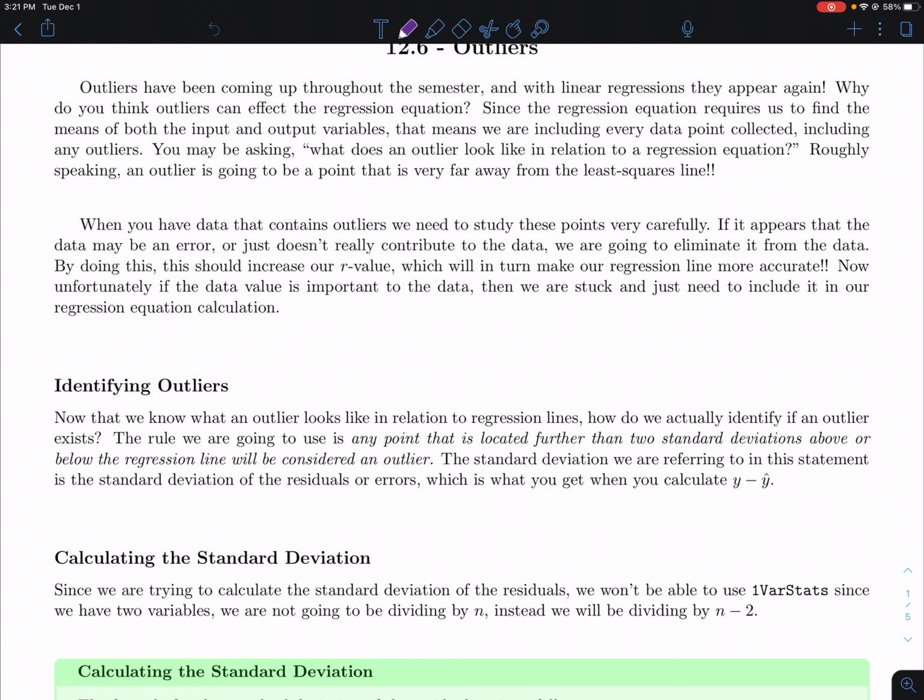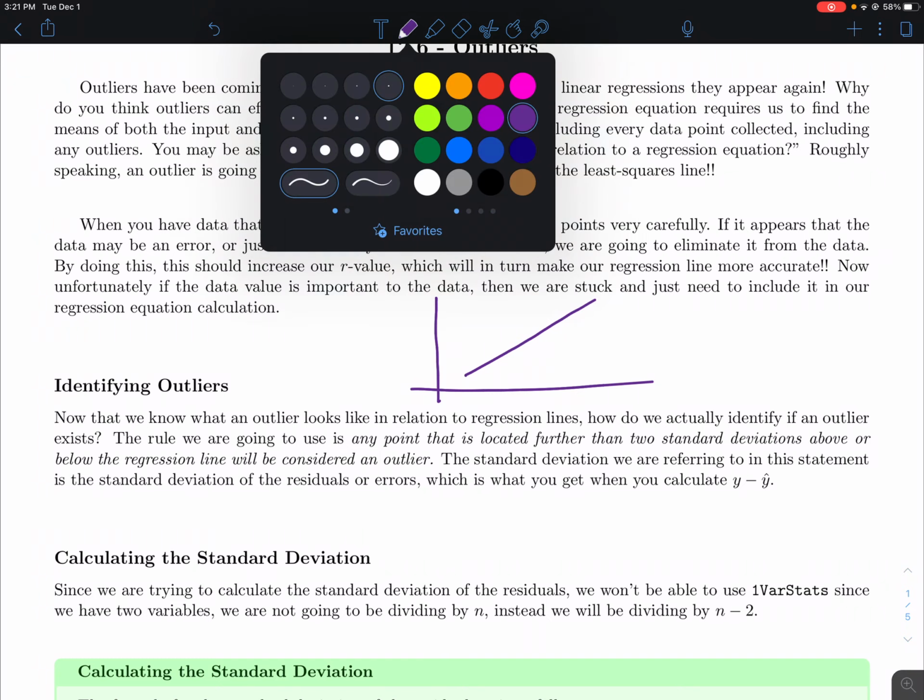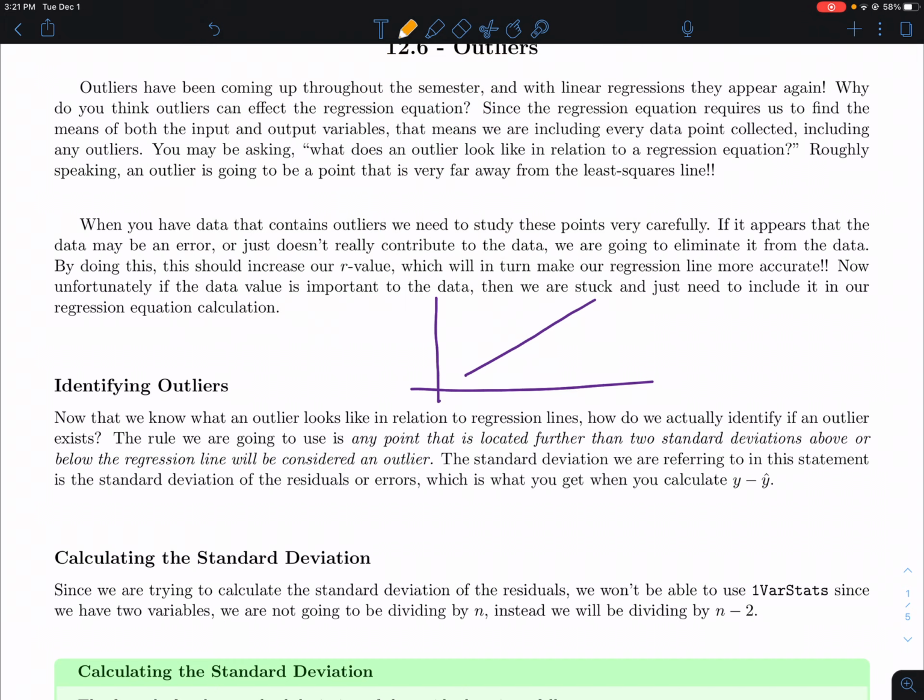So graphically, this is what it would look like, and I'm not going to focus on the graphic part, I'm going to focus more on the algebra part. But say this was our regression line. Let's first assume it's a line, because that's not much of a line. Well, then what we're going to find is two lines that are two standard deviations away from the line itself.